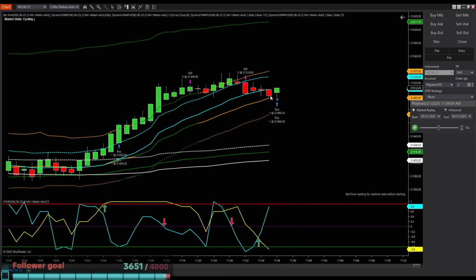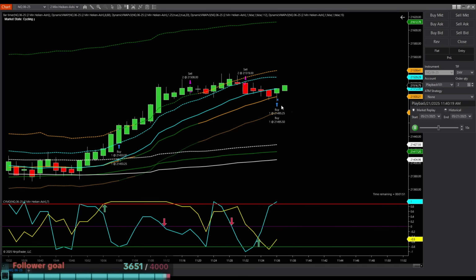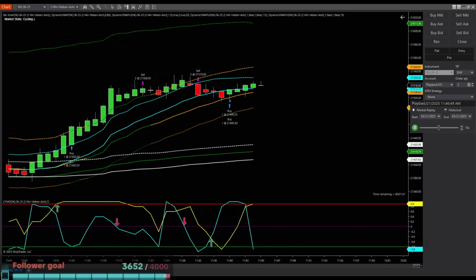So let's see how this works inside of the 20 bar VWAP that we have right here, all right? So what we're doing here, guys, is we're basically taking the 15 bar VWAP and we're just plotting it on top of the 20 bar VWAP right here just to see where and how price moves along inside a range bound parameter, okay?